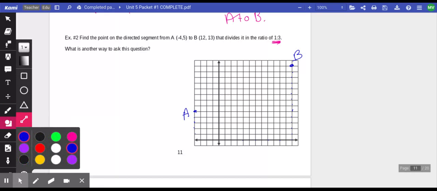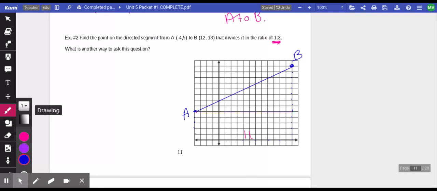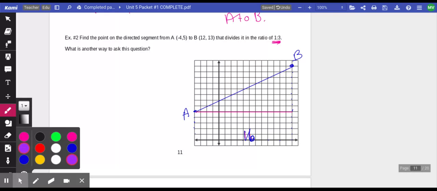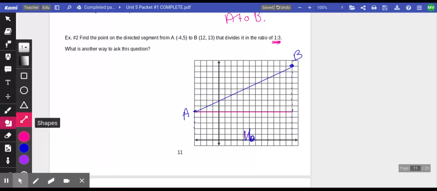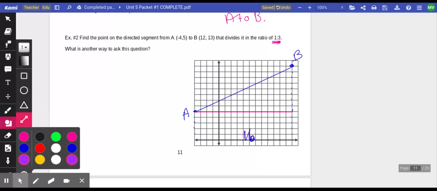I want my line to be blue. Now I want to break this in a ratio of 1 to 3. You notice that I chose the same points, so I already know without counting that this is 16. Oops, I was still on the line tool. And then when I do the vertical line, that is 8.